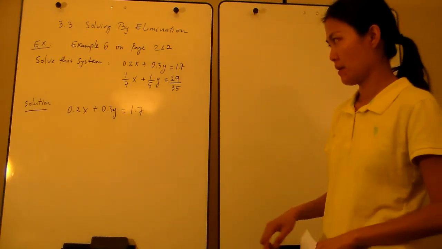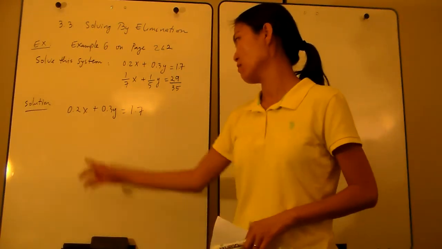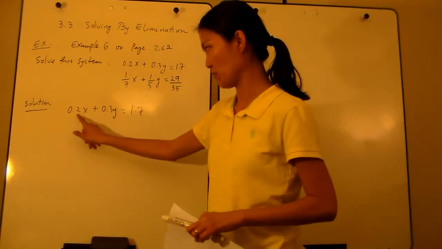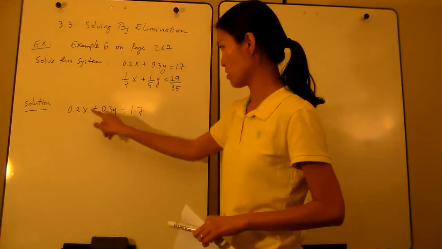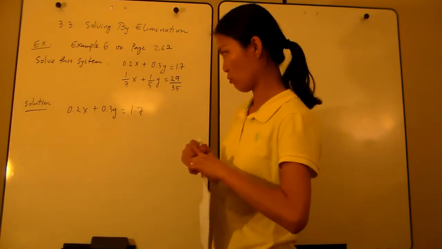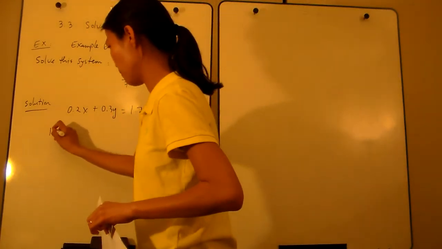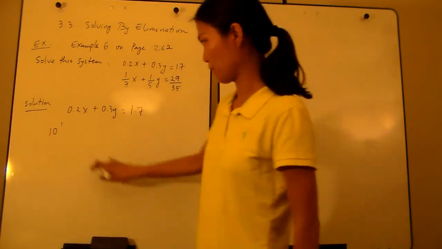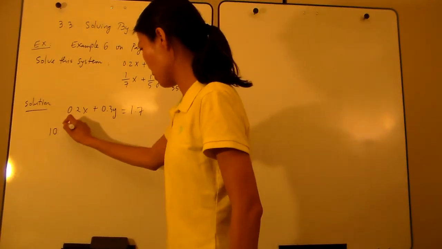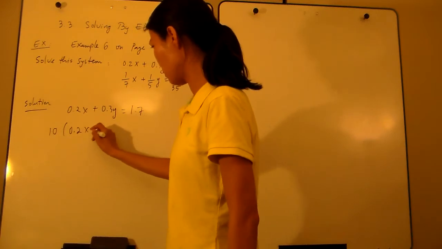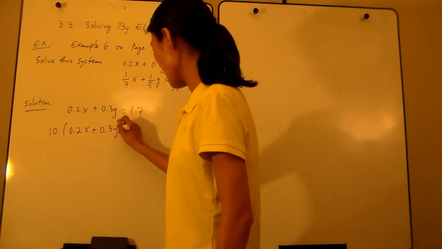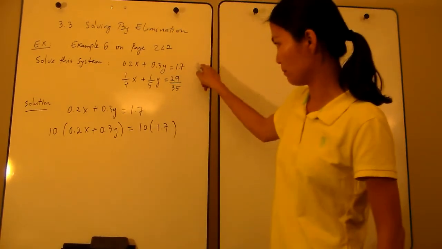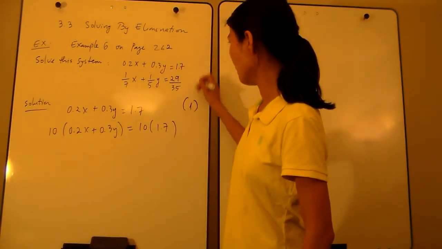That power depends on the number of decimal places. In this case, only 1: 1 decimal place, 1 decimal place, 1 decimal place. So we multiply by 10: 10 times 0.2x plus 0.3y equals 10 times 1.7. This is equation 1.